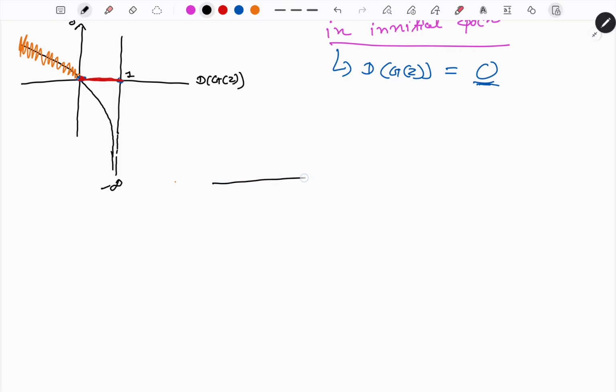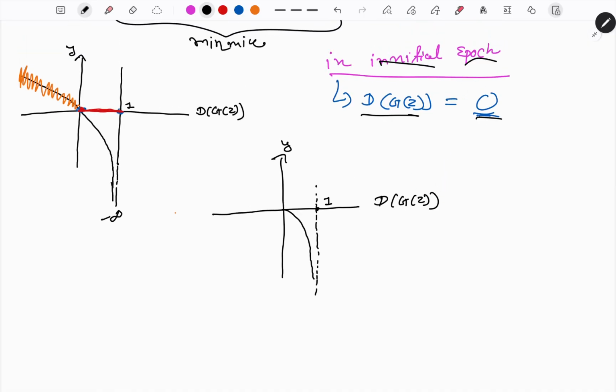This point is 1 and this is our actual graph, with y on one axis and D of G of z on the other. In the initial epoch, D of G of z becomes 0.